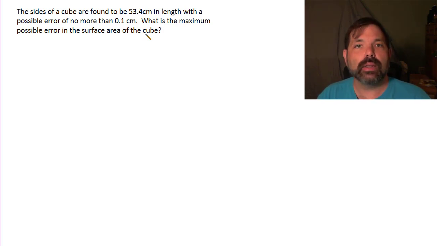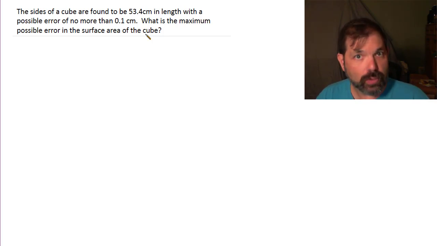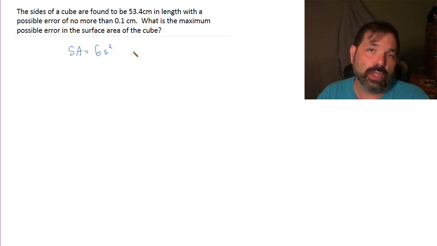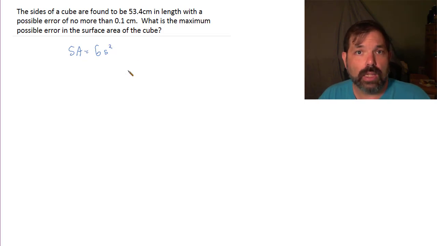How does that change some other value that's based on that measurement? It turns out we can use the concept of differentials to answer this problem. The surface area of a cube is 6 times the side squared. A cube has 6 sides, and each side has an area of the side squared.